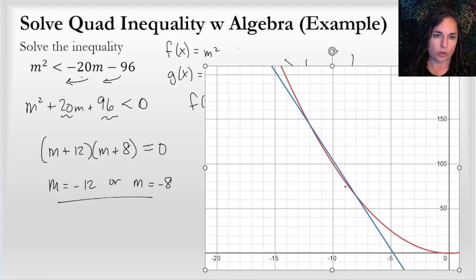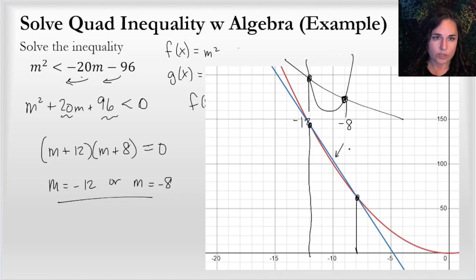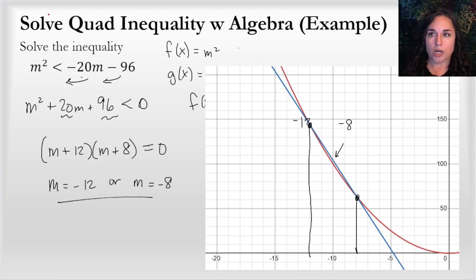If I think about the quadrants of a coordinate system, I have negative 8 and negative 12. And we can see that in this region in here, that's where the parabola falls below that line. It's not highlighted, so you can't see it very well on this graph, but on my original drawing you could see that it was that way. So that's how you would solve a more rigorous quadratic inequality.